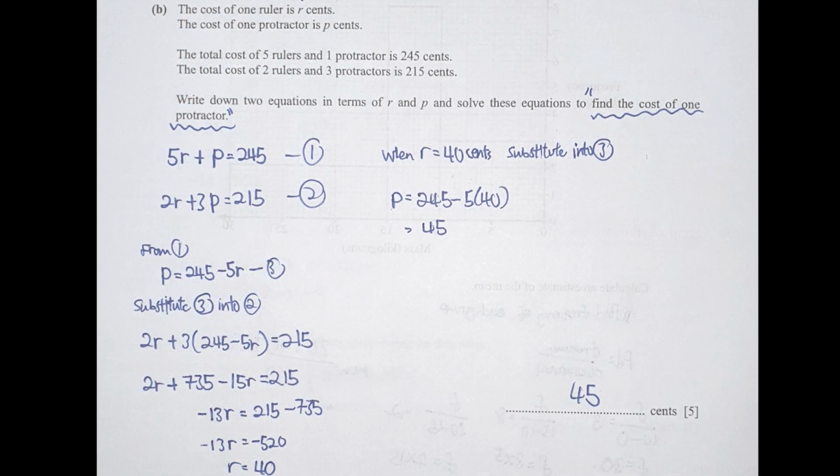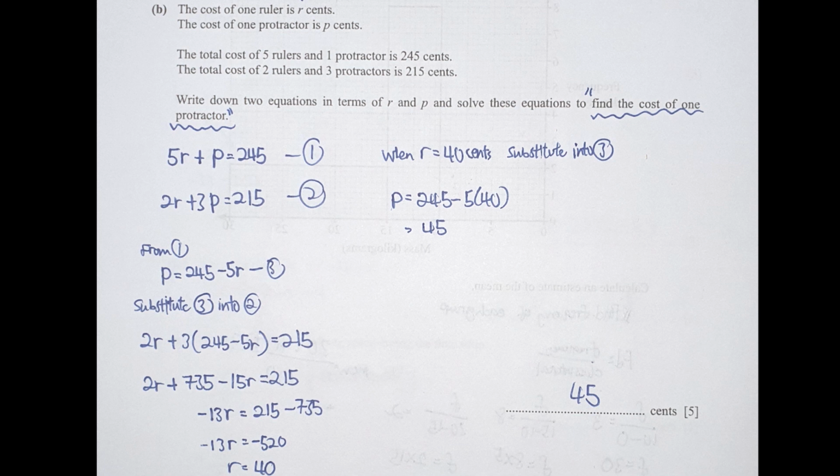As for the next part, okay, you're required to form two equations here, which go by 5R plus P equals 245 and 2R plus 3P equals 215. So from number 1, okay, I'm using the substitution method. So arrange it into P equals 245 minus 5R.